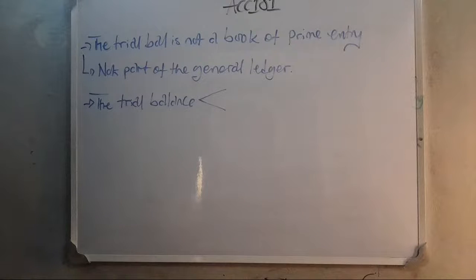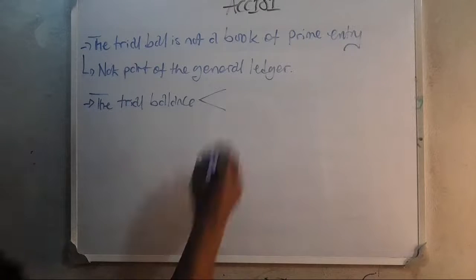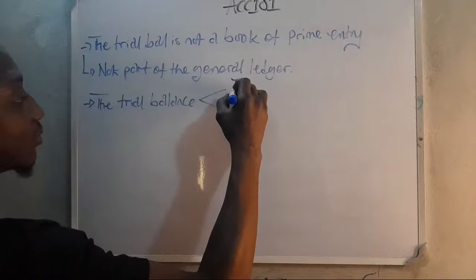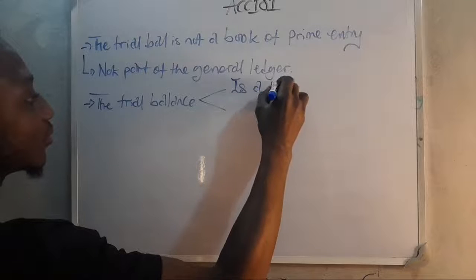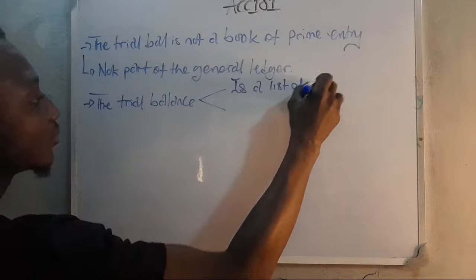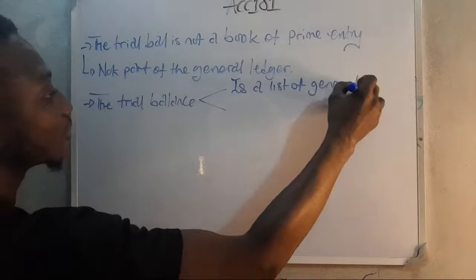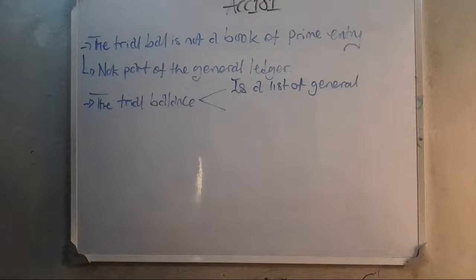Are we together? The trial balance is a list of what?